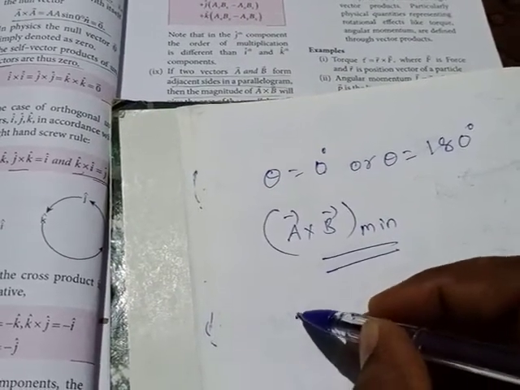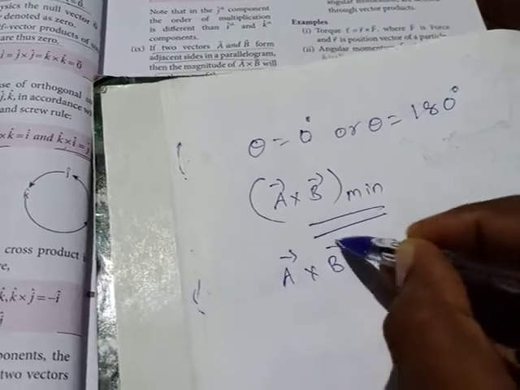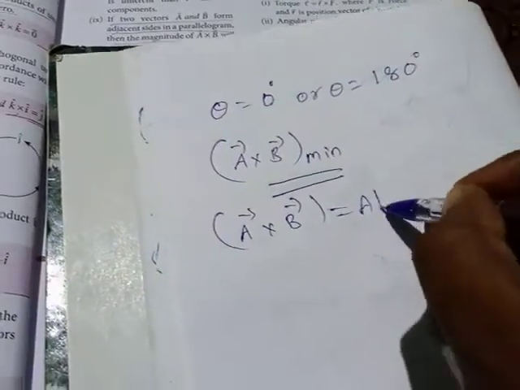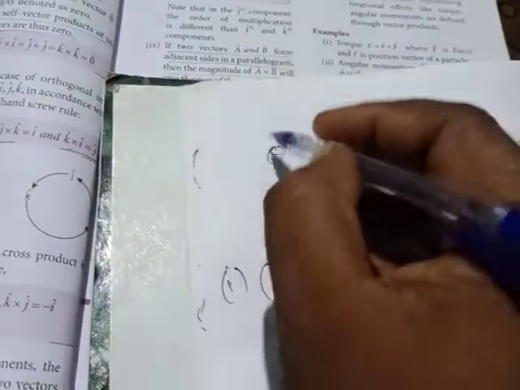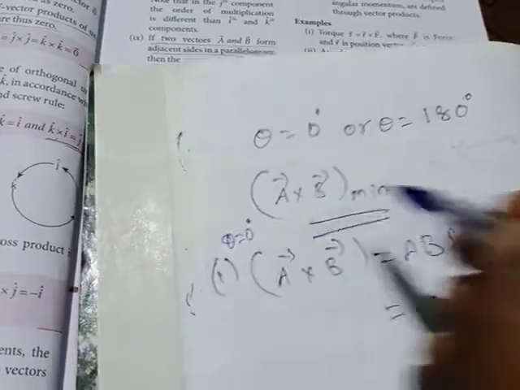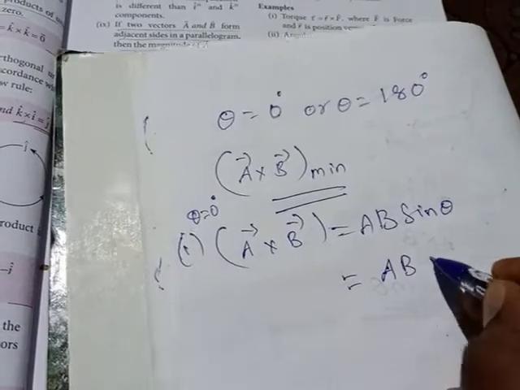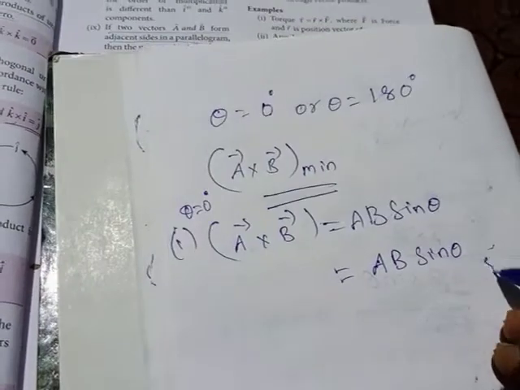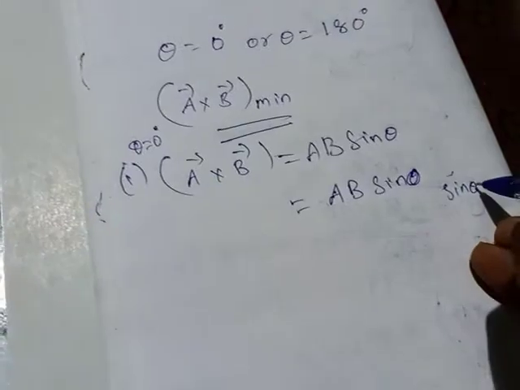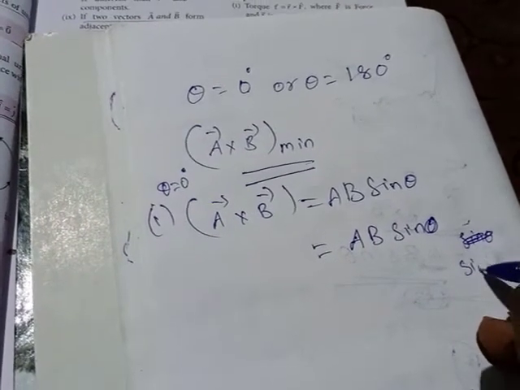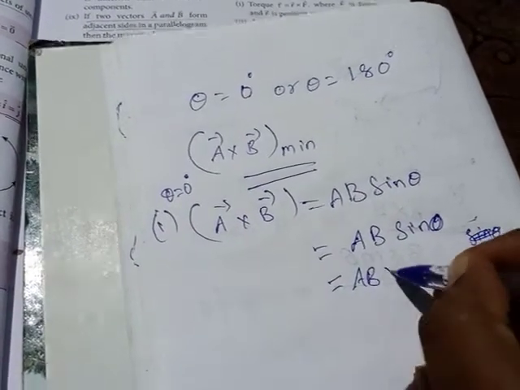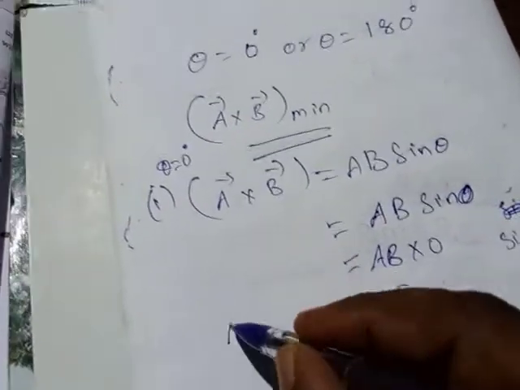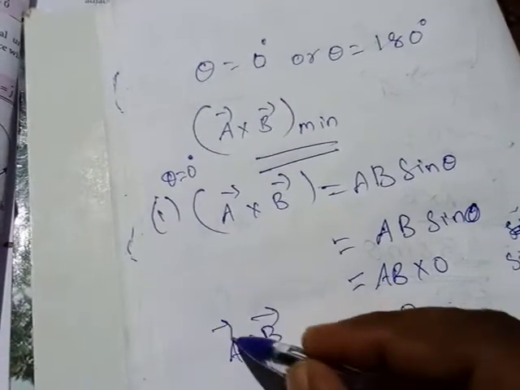We know that A cross B is AB sin theta. If theta is 0 degrees, then AB sin 0, and we know that sin 0 is equal to 0. So AB into 0 is equal to 0. So A cross B is minimum.